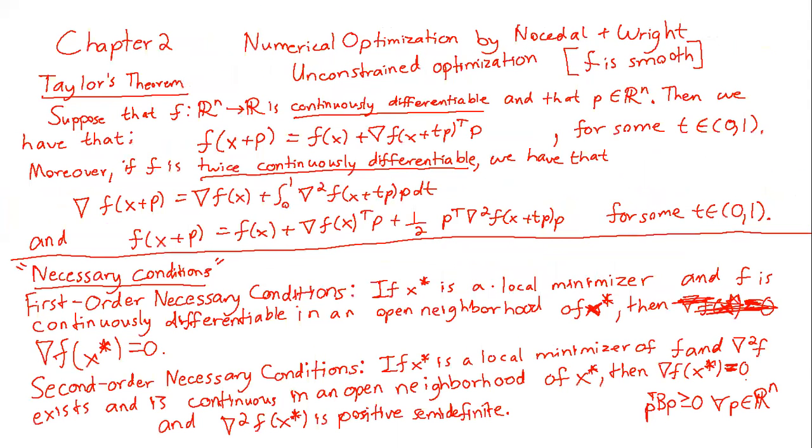If you come back here, you can see that's what we have down here. It says f of x plus alpha p equals f evaluated at x, which ours was xk, plus del f transpose alpha p, and then one half p transpose, del squared f of x plus tp, times p, and this t has to be in 0 to 1. So if we say it's in 0 to alpha, it's like we move the alpha into the t. You can see that's what they're using, and this is true because Taylor's theorem says so.